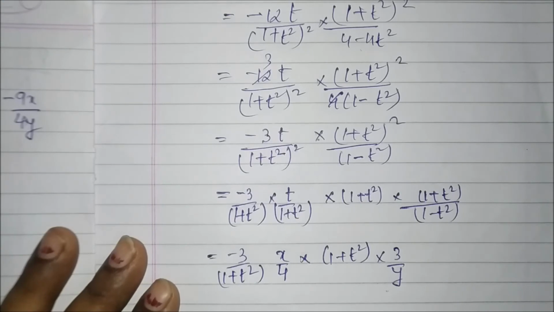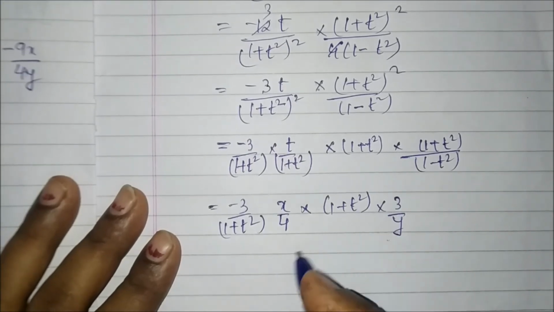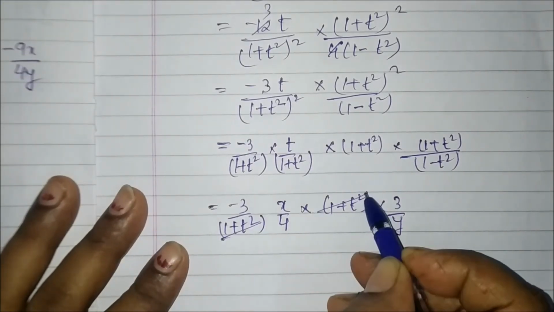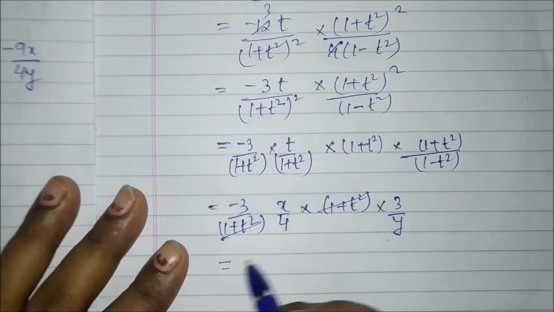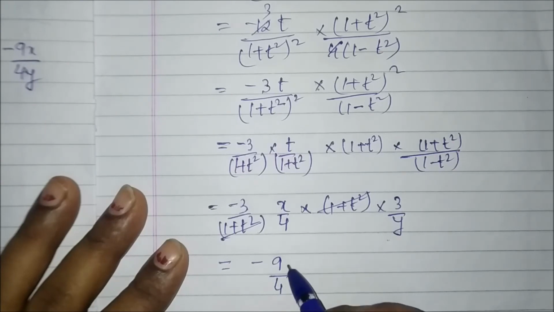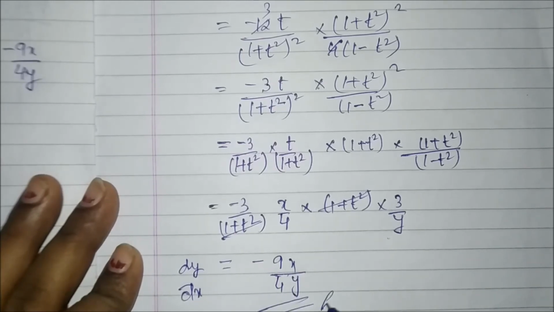You can clearly see this from the question. Now this term will be cancelled out and we get minus 3 into 3 is minus 9 upon 4 and x by y. Clear? So this is your dy by dx. Clear? Hence proved.